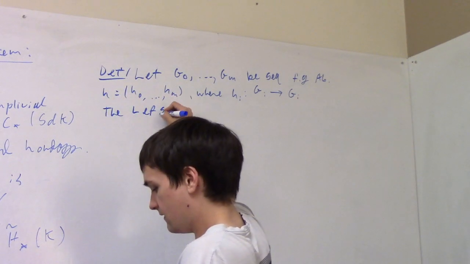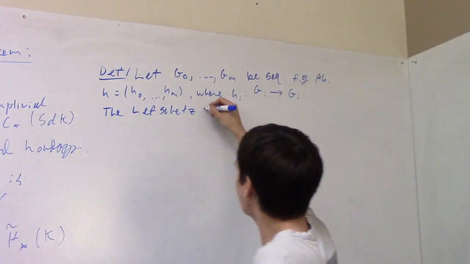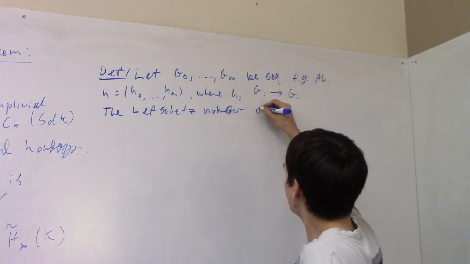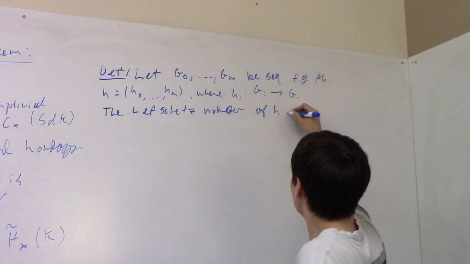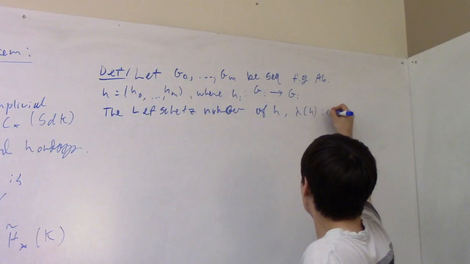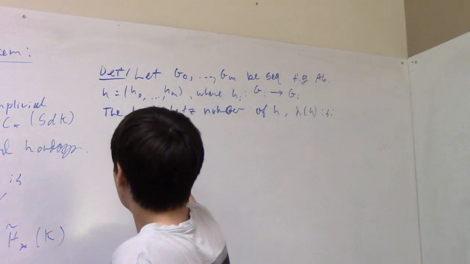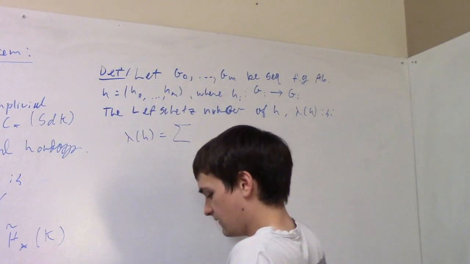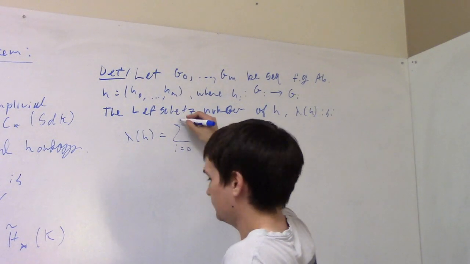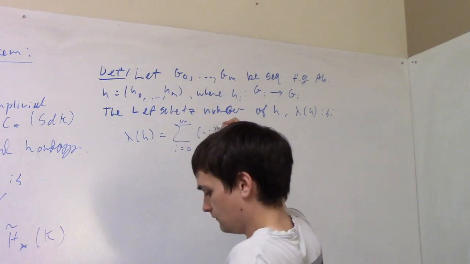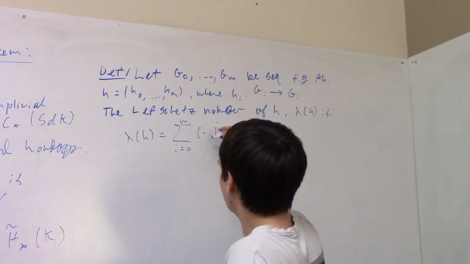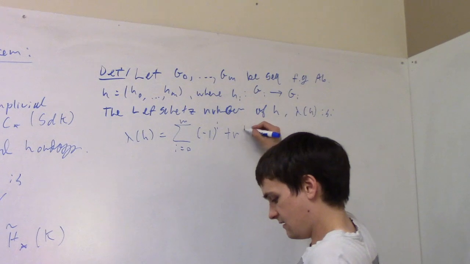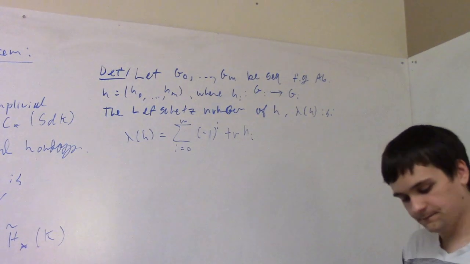The Lefschetz number of H, denoted by lambda of H, is the alternating sum of minus 1 to the I of the trace of the individual homomorphisms.